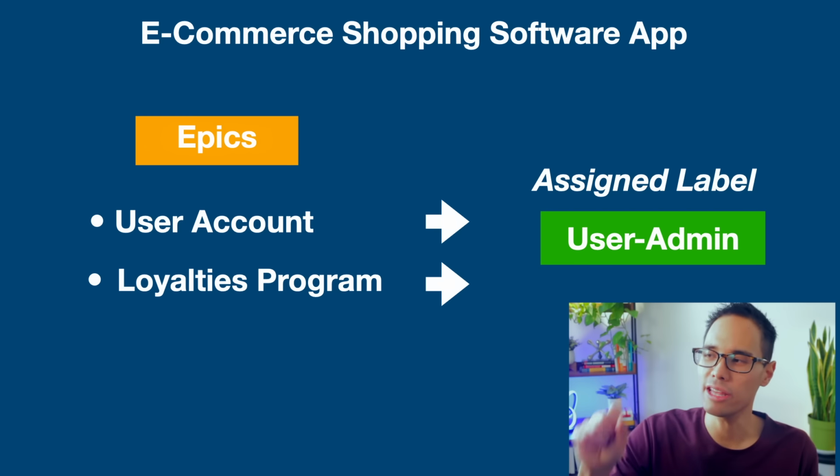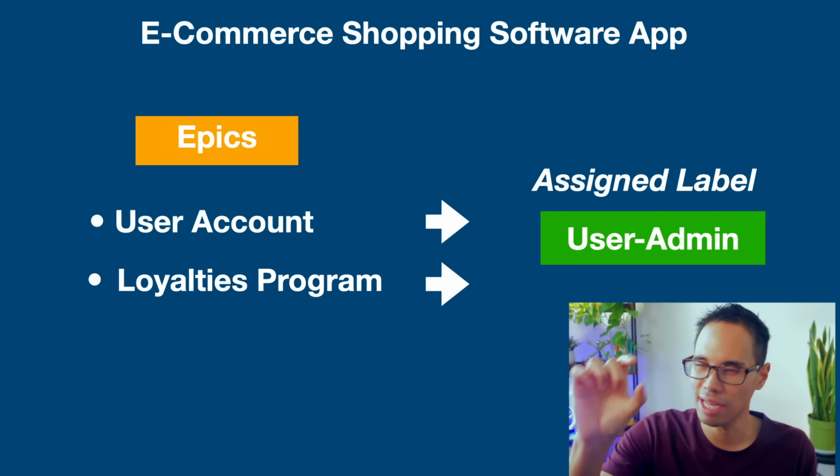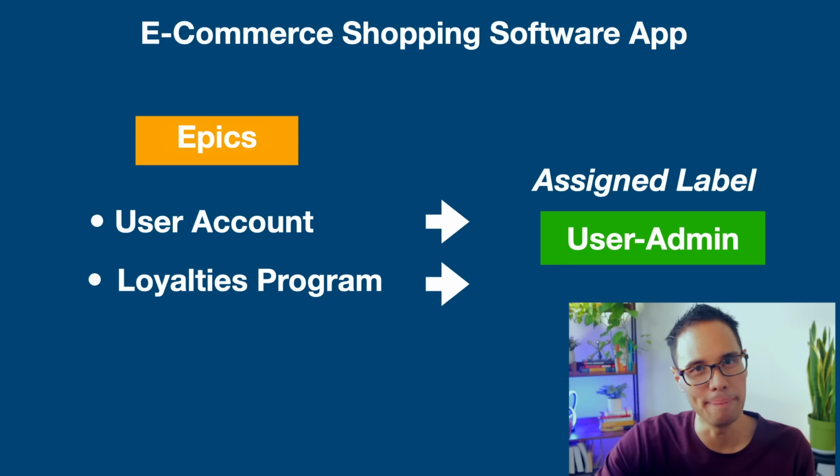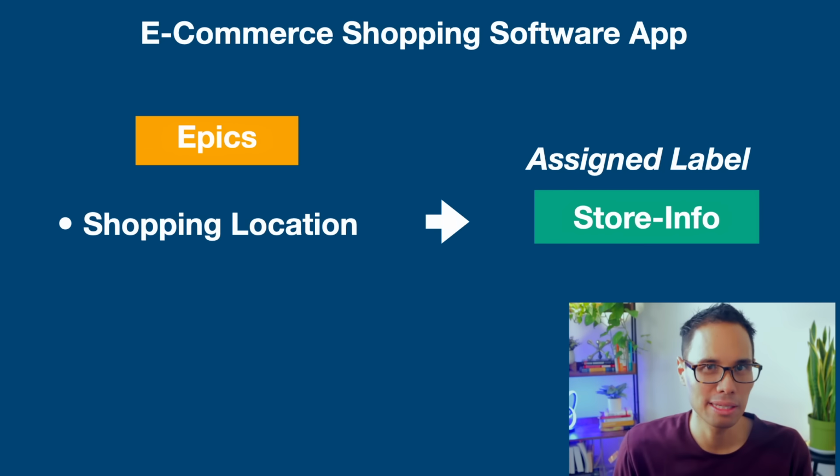So that will be for all the issues that are underneath the two epics for user account and loyalties program. And lastly, for any user story that's tied to displaying store information, we'll label it as store info. So let's hop back into Jira and I'll show you how to label these issues.